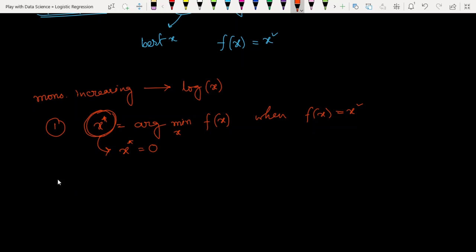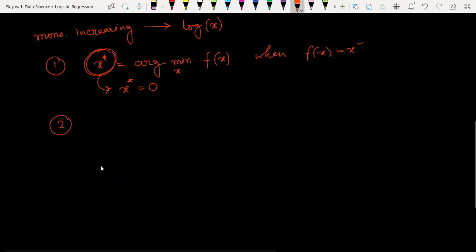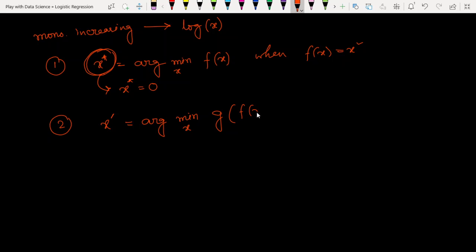Okay, now in number 2, we want to find the best x, which we call x dash, that is argmin of g of f of x.